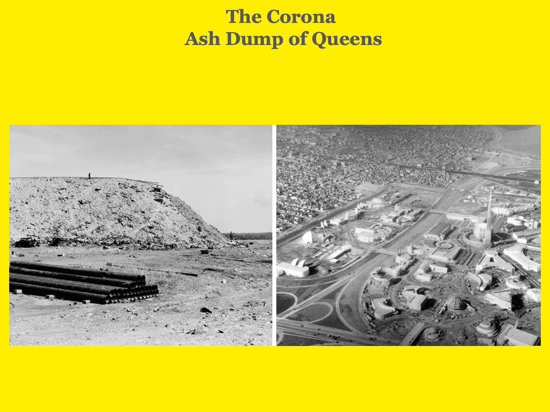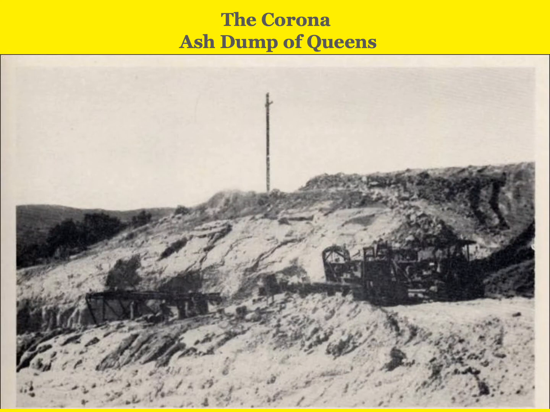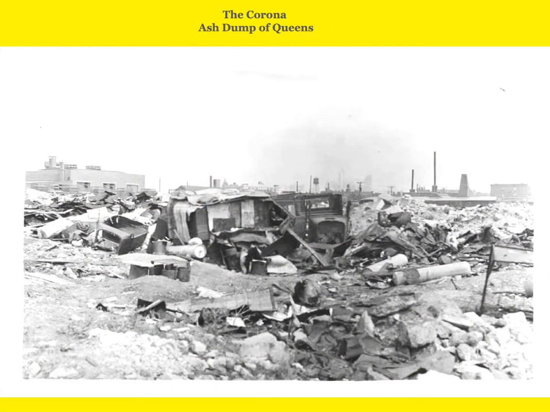All right, next slide. Here's a picture of one of the hills in the Corona ash dumps of Queens. They had these machines that would dump the hills. Here's some abandoned cars in the Corona ash dump. They would even find bodies in there. There were rats in there.